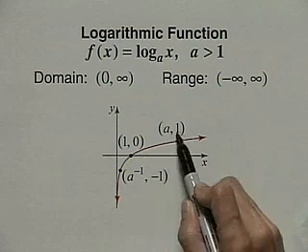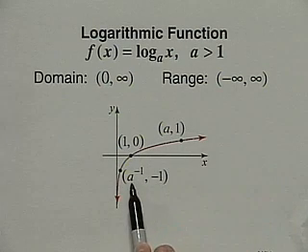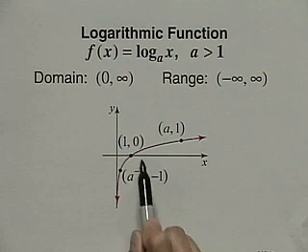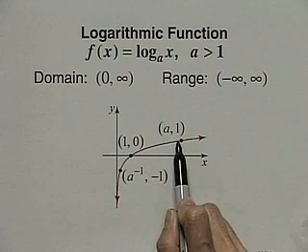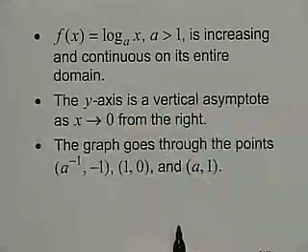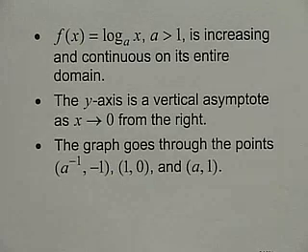And notice these points. The function contains a to the negative 1, negative 1; 1, 0; and a, 1. Well, there's some more information that I want to indicate about this. For f of x equals log base a of x, where a is bigger than 1, it's increasing and continuous on its entire domain, and you saw that as we graphed.